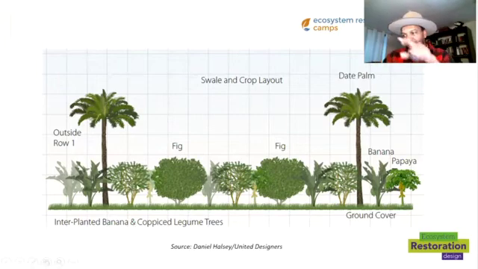And you can see that this is also occupied in the intercrop with leguminous trees and ground cover. Now, the leguminous trees and ground cover are important because not only do they help to give some degree of stability for soil, but they also do soil building.